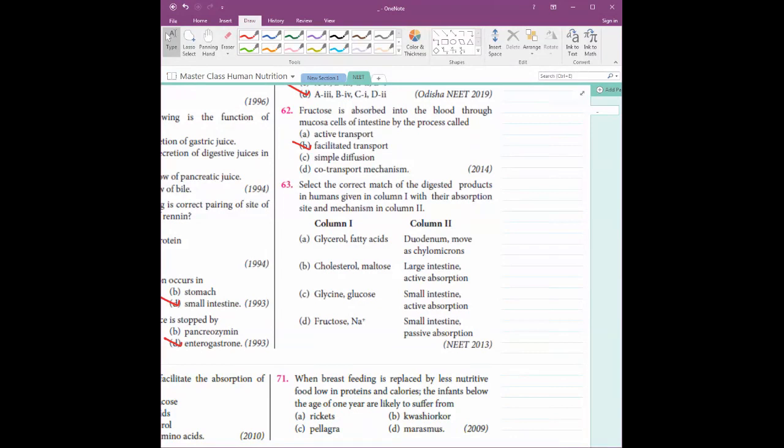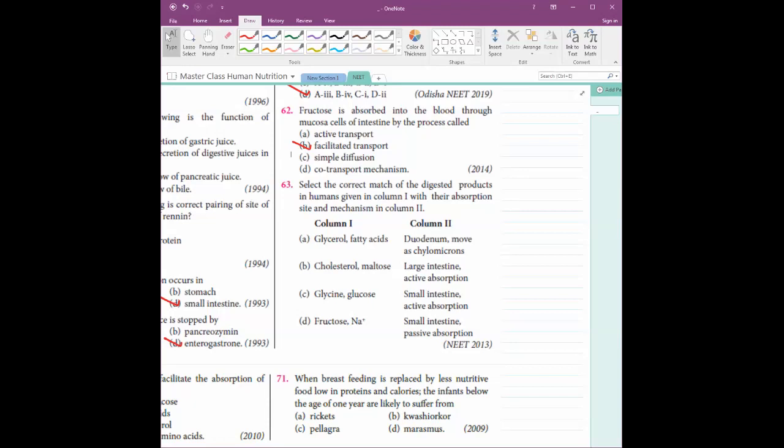There is one question. Why does fructose require facilitated transport? See, when we talk about carriers, these carriers are going to pick up the fructose molecules. Sometimes the ions or compounds cannot enter the cell membrane directly.